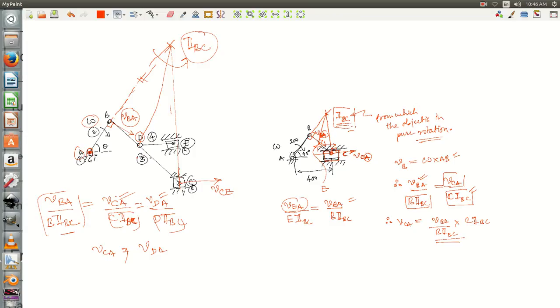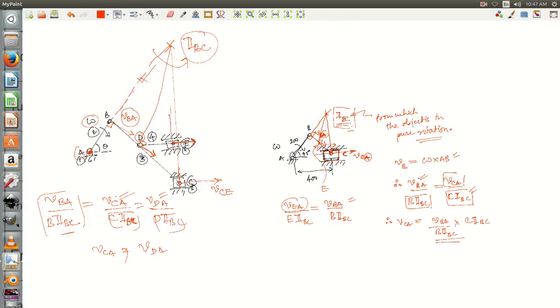Now we know the direction of velocity of D with respect to A is in this direction, which is perpendicular over here, and we also know that the slider E is moving in a horizontal direction with respect to fixed link. This is also with respect to fixed link.